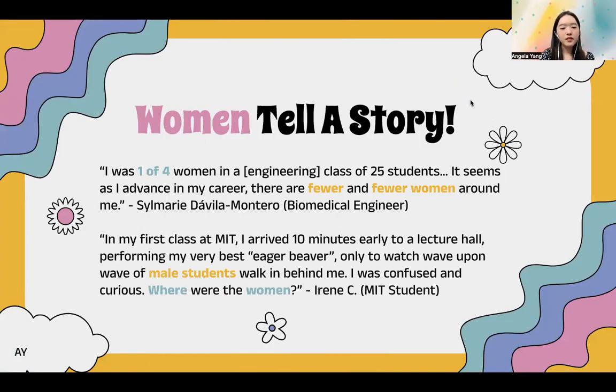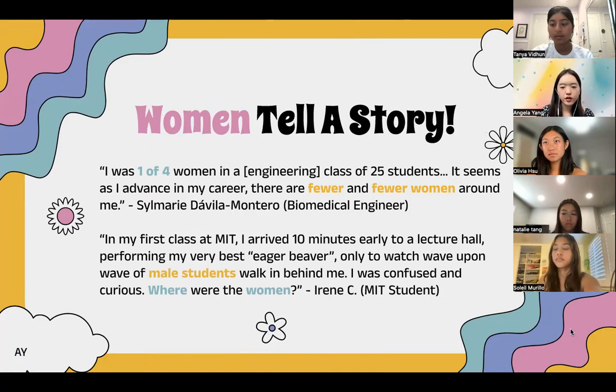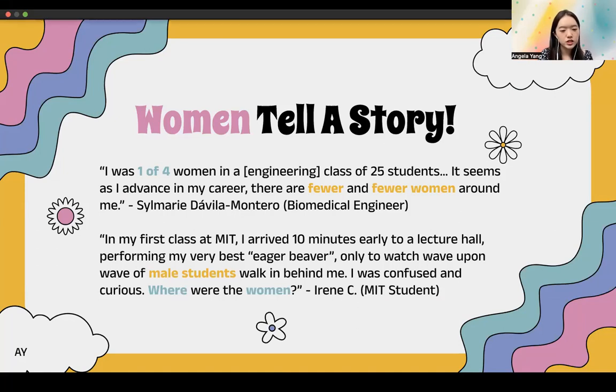This is a bit about the background of girls in STEM. While there are a lot of statistics around the presence of women in STEM, actually hearing their stories is more important. Here I put a few quotes from some women who currently work in the field. One of them is from a biomedical engineer who mentions how she was one of 4 women in a class of 25 students for engineering. Especially as she's advanced in her career, going up to higher positions of power, there are less and less women in proportion to men.